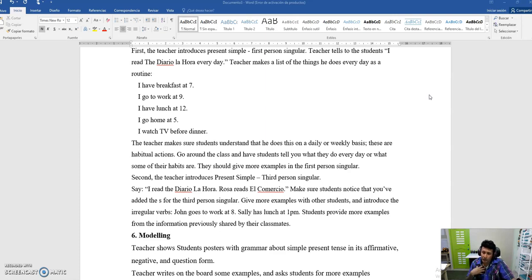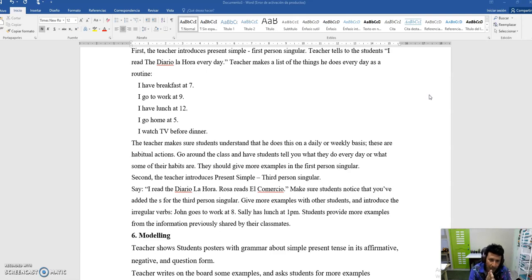I will also check my students by going around the class, and the students have to tell me what they do every day, or if they have habits that they construct in their daily life. And they should give more examples in the first person singular.